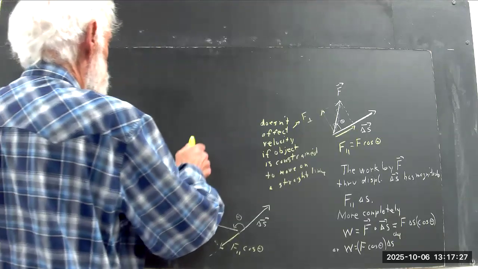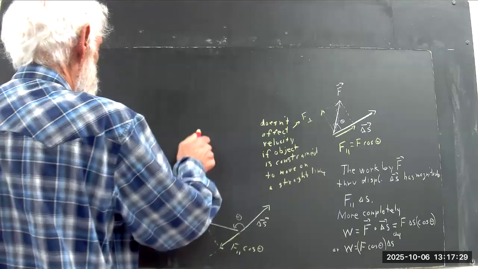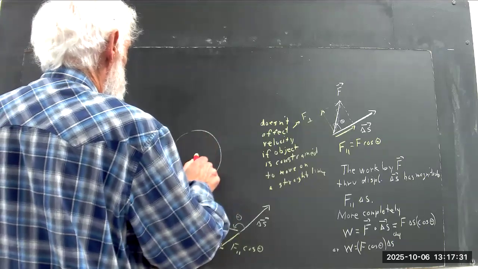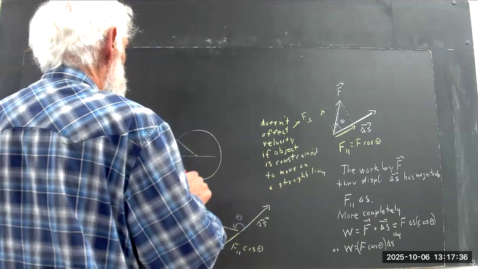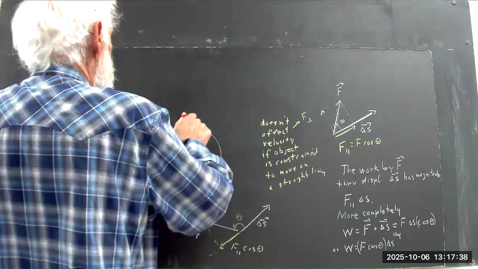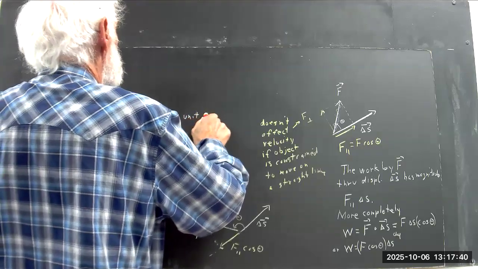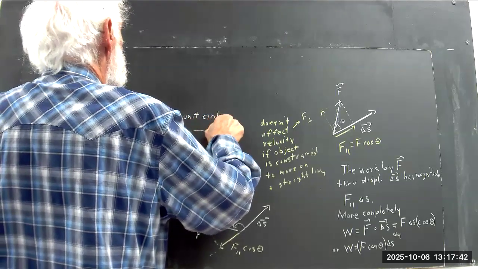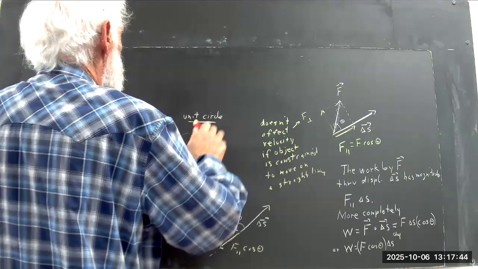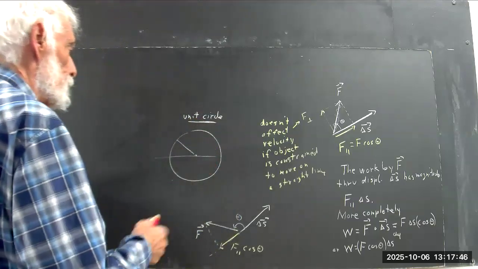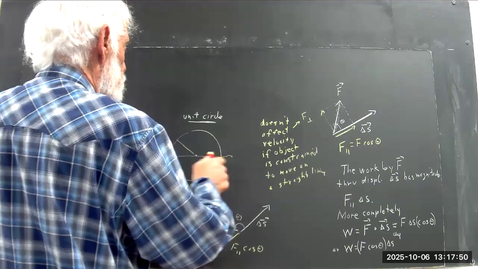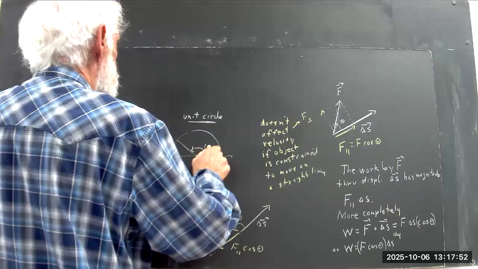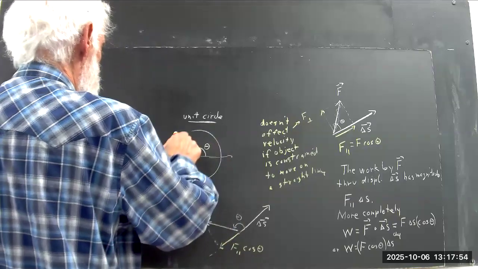Now, let me give you a big picture here because people are fuzzy with this picture. Here's your definition of sine and cosine. Here we've got a unit circle, meaning a circle of radius 1. Your polar axis is here. Here's theta.